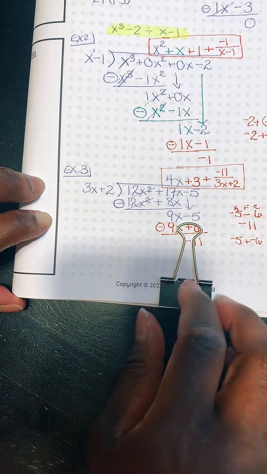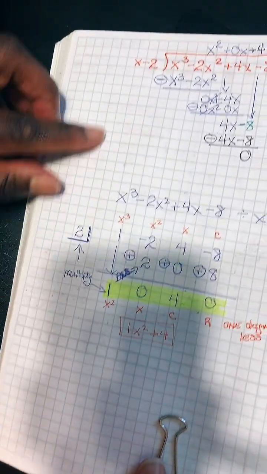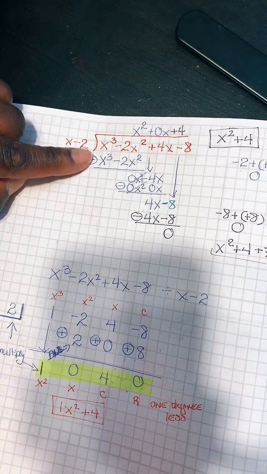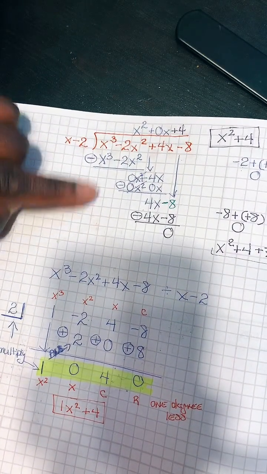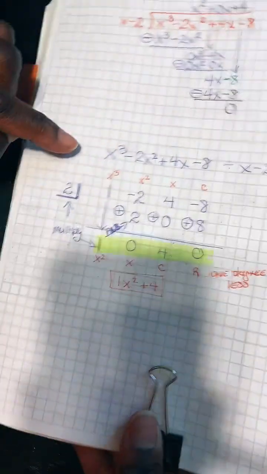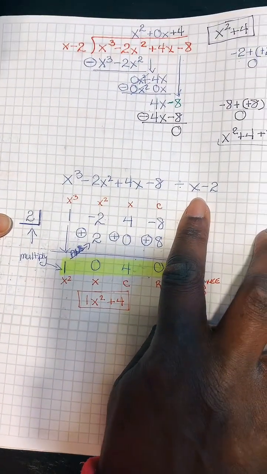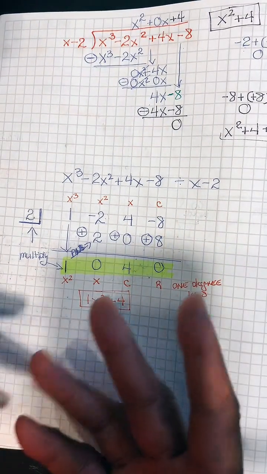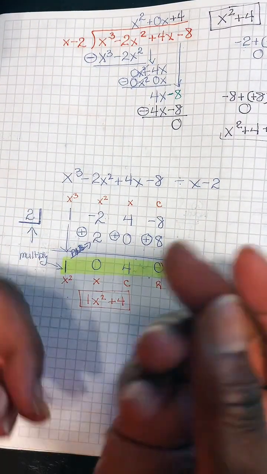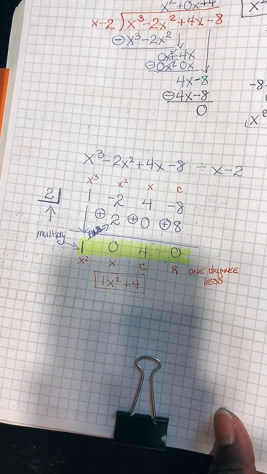That's the difference. So why do they call it synthetic? Because we're not doing this whole lovely process right here step by step. We're only taking the coefficients, okay? And we're taking its divisor by its opposite signage. So we're not doing that whole step by step.